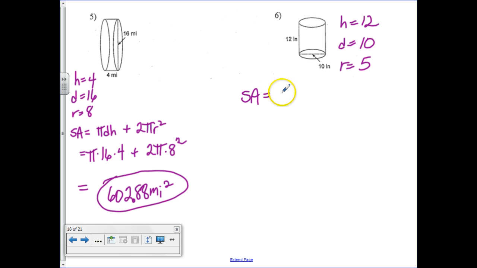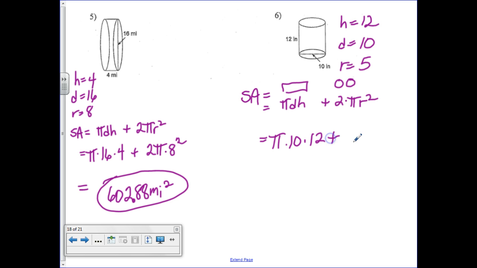Surface area means I have to find the rectangular area, so that's pi times diameter times height, plus the two circles, which is 2 times pi r squared. So here we go. Pi times 10 times 12, pi dh, plus 2 times pi times the radius squared.